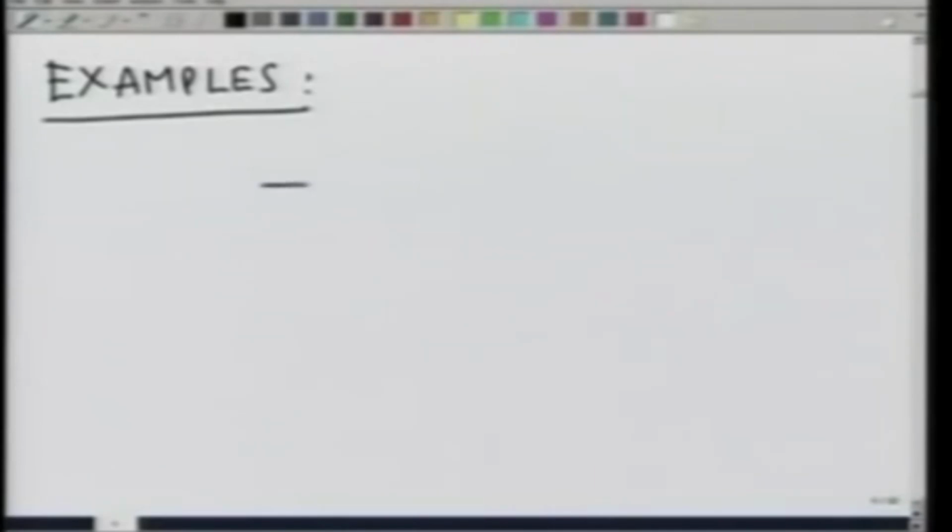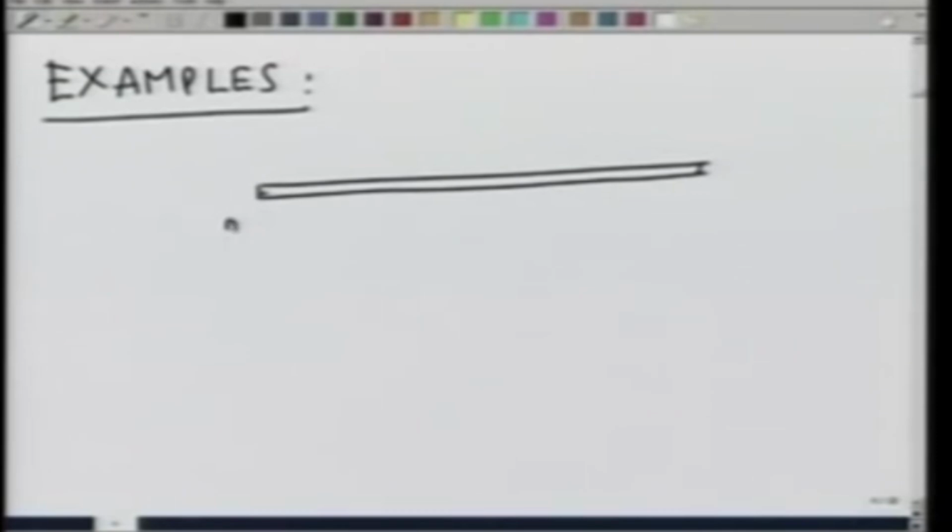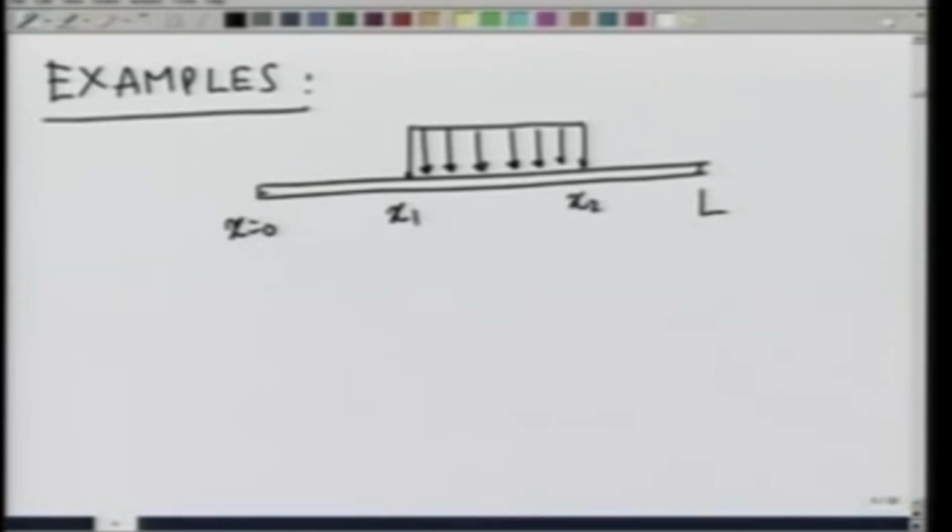Suppose I have a beam. Let us call this point x equal to 0 of length L, and there is a force distribution of the form of a rectangle from point x1 to x2.